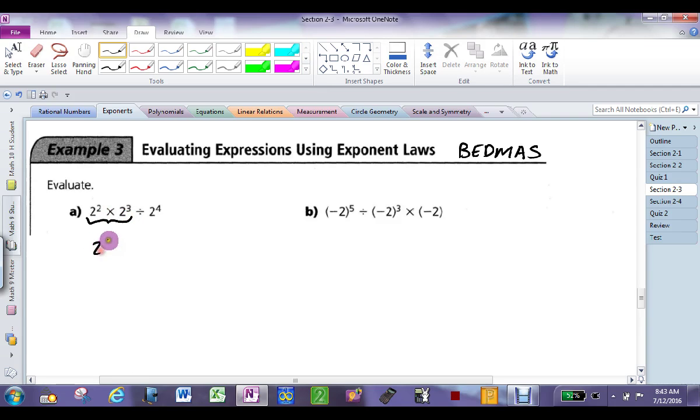This is 2 to the what? 5th. Okay? That is enough work being shown. Divided by 2 to the 4th, then becomes 2 to the 2? Oh, just 2. All right, I heard you say 2 to the just 2. Okay, yes, just 2.